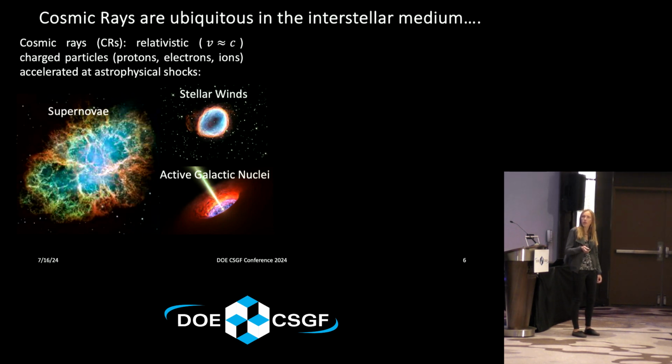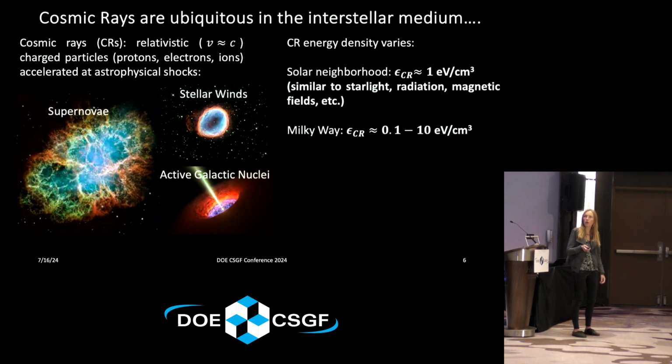And so in the Milky Way, we know that the cosmic ray energy density is around 1 electron volt per centimeter cubed. And so this is comparable to other things like starlight, radiation, magnetic fields. So they're quite an important component of our interstellar medium. This is the energy density, about 1 electron volt per centimeter cubed in our solar neighborhood.